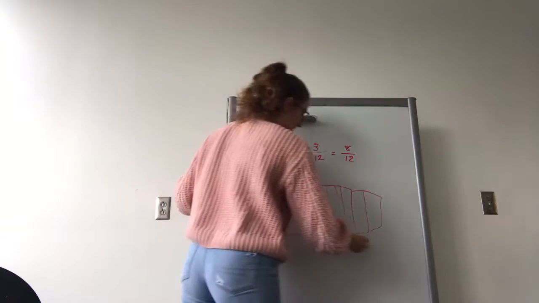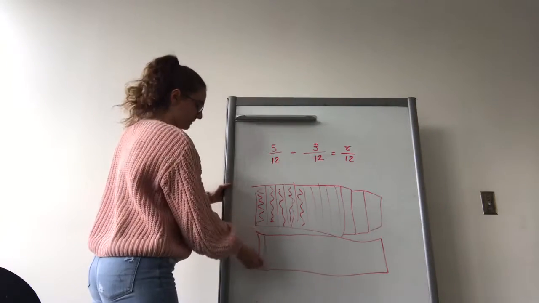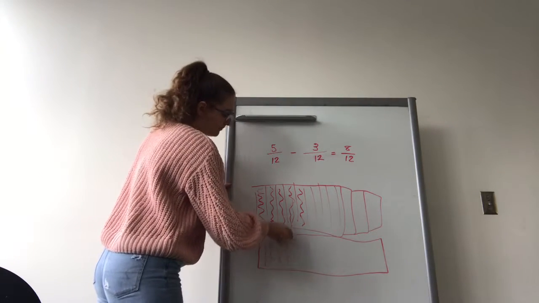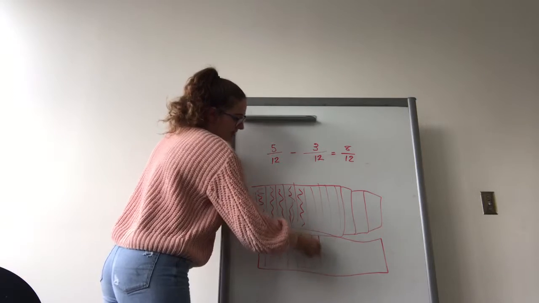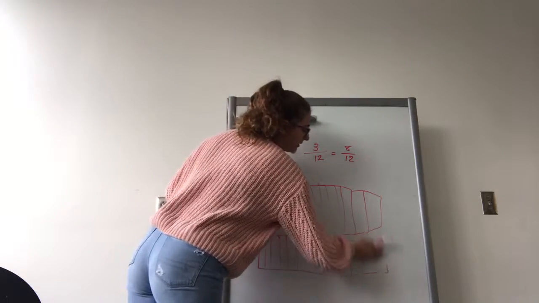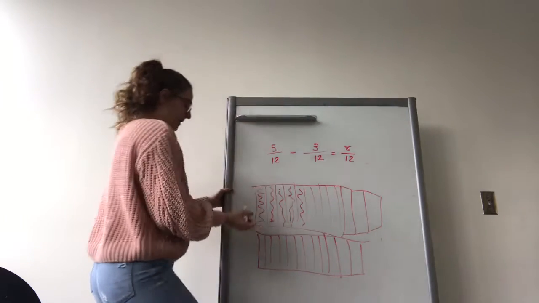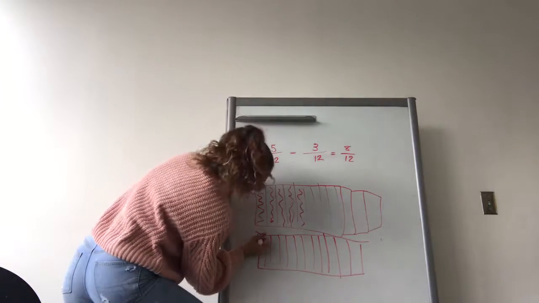And then you're going to draw the same thing for the bottom one. This one will represent this fraction. So 1, 2, 3, 4, 5, 6, 7, 8, 9, 10, 11, 12. Okay, so you'll have 3 here.